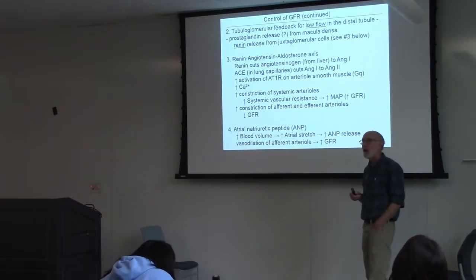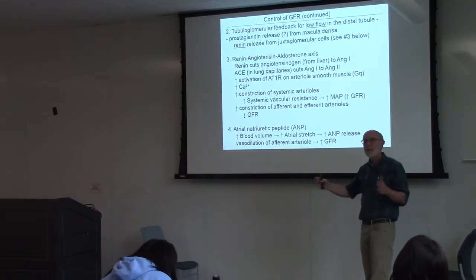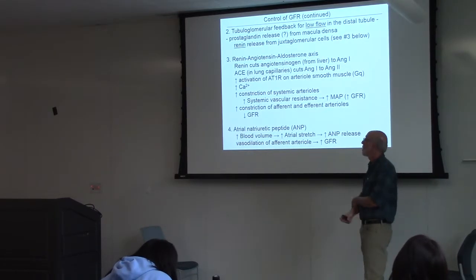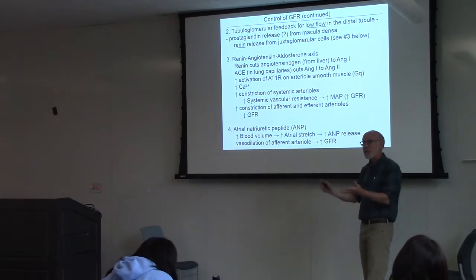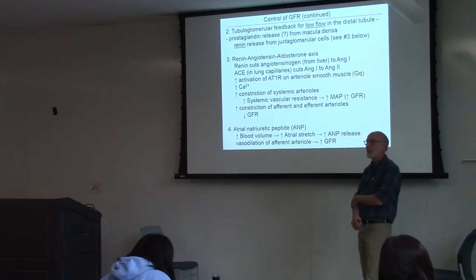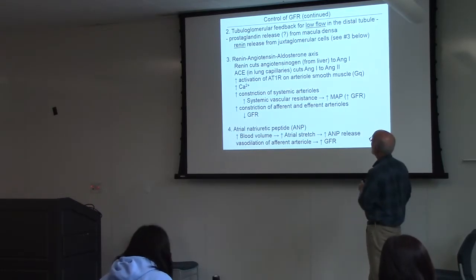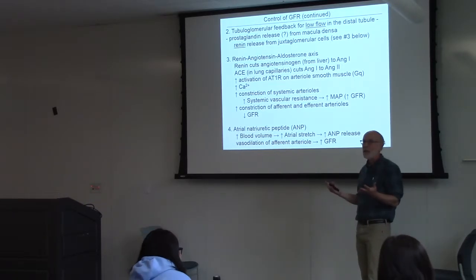So now we need to talk about the renin, angiotensin, aldosterone endocrine system. Renin is a hormone that is released into the blood, but unlike most hormones that interact with a receptor, renin is an enzyme.